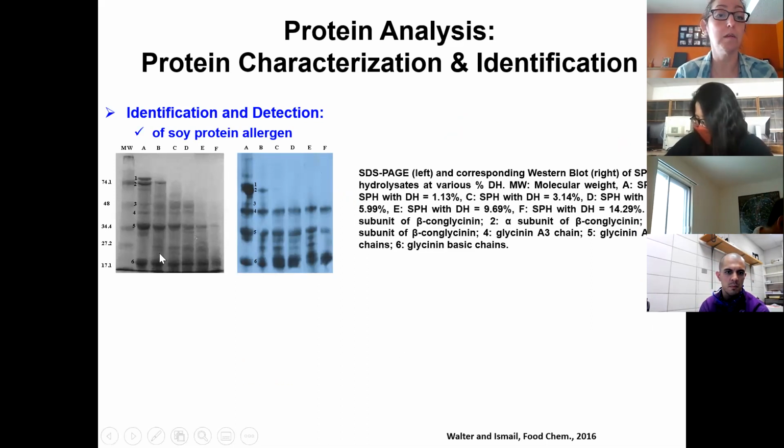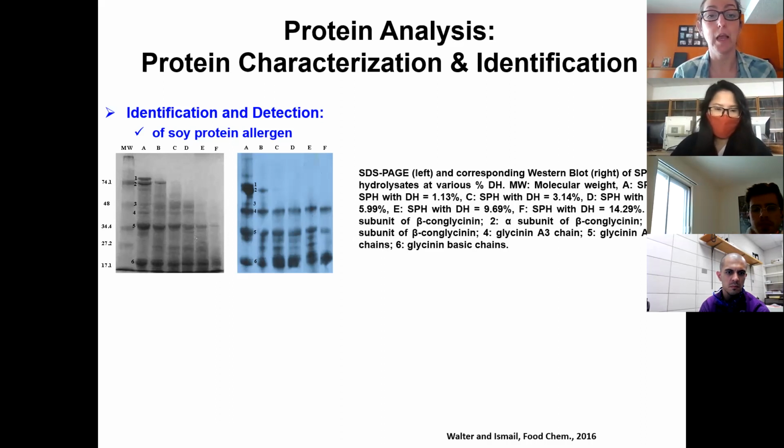So what we did here is a regular gel, and we blotted it onto a membrane, and we incubated it with the sera that has antibodies. And then we were able to see all the proteins that reacted, that are still immune reactive.